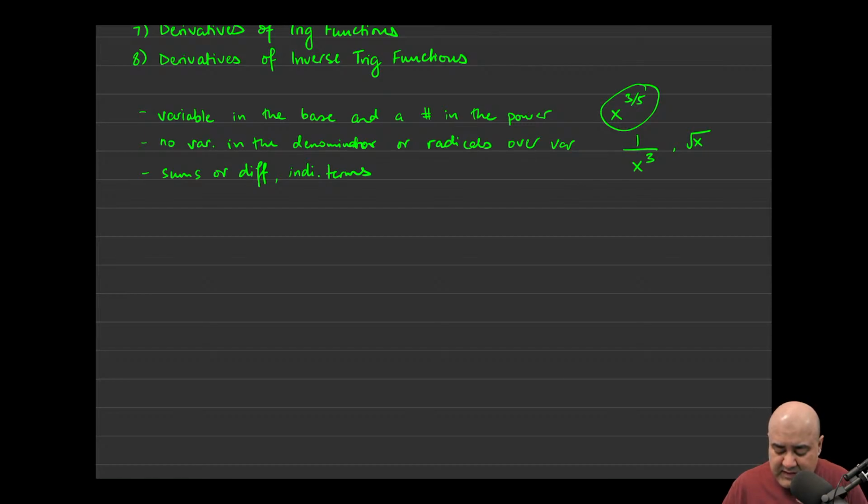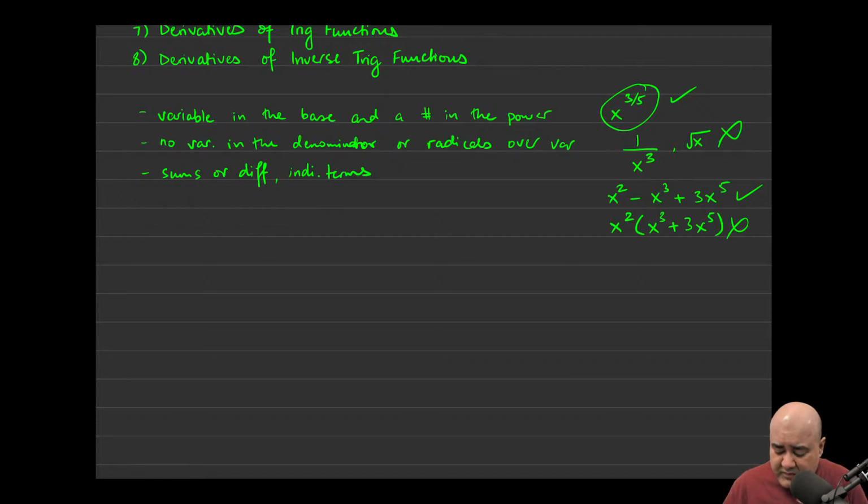Or if you have a sum or a difference, say x squared minus x cubed plus 3x to the 5th, you only have sums or differences here, so power rule is okay. On the other hand, if we said x squared times x cubed plus 3x to the 5th, the power rule would not work, because you don't have just a sum or a difference. You have a product in the middle as well.